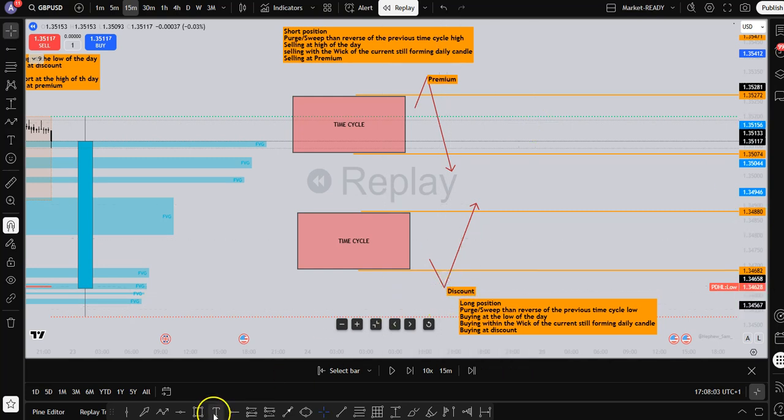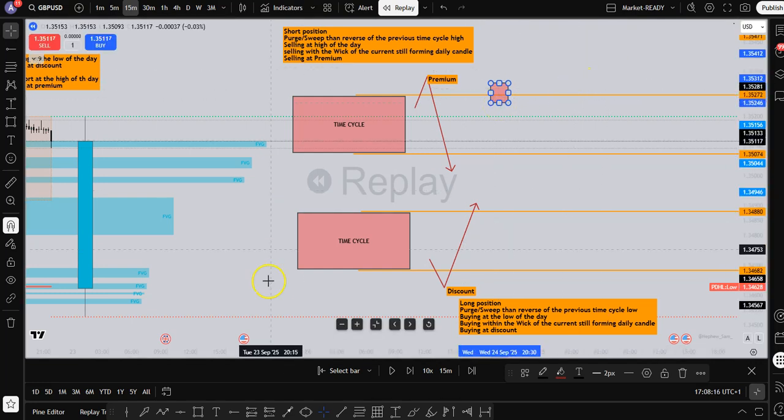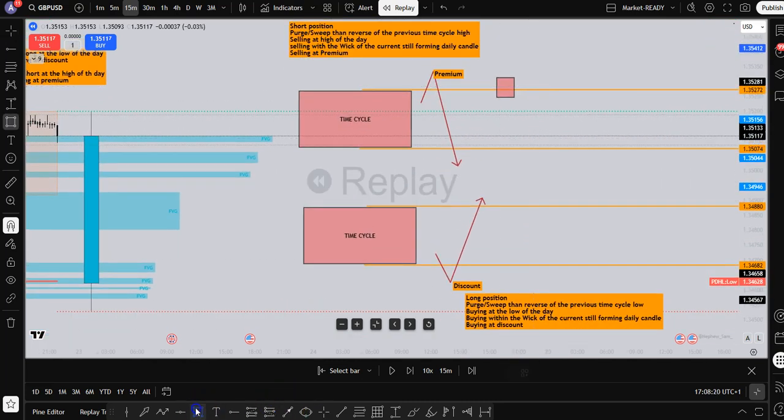Discount, and this is something like this.